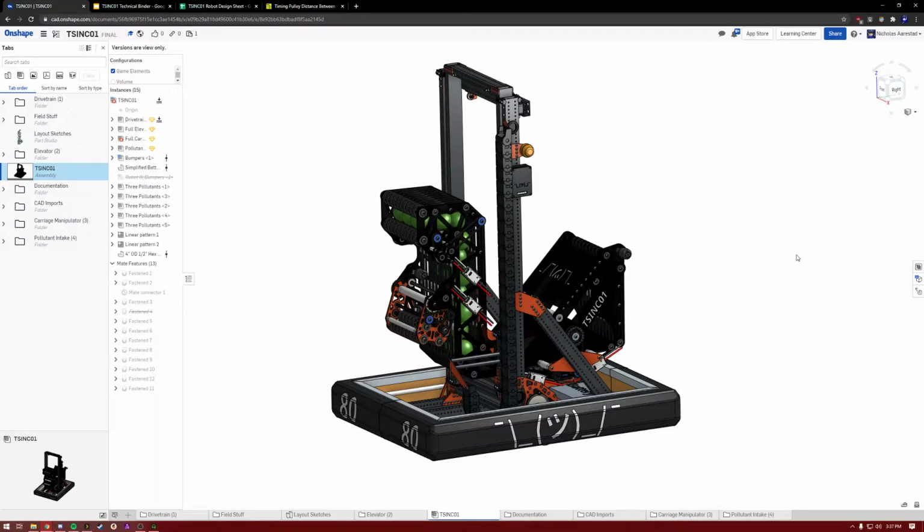Personally, that's just not what I do. So I don't believe in designing a catathon robot that you can't build. I don't believe that's particularly good practice. And I don't really believe in CAD as anything other than being a tool for designing robots.